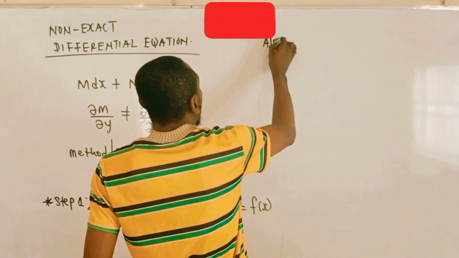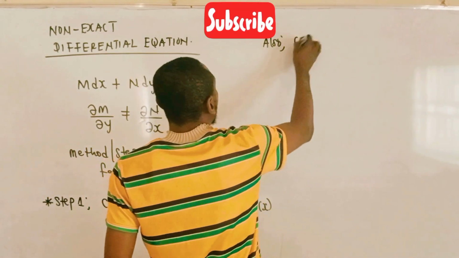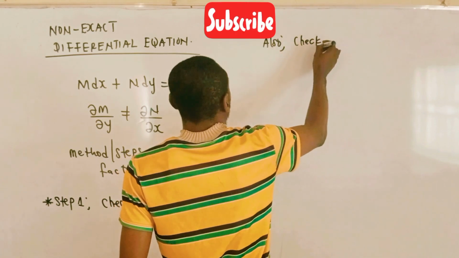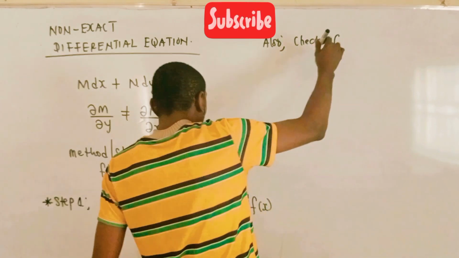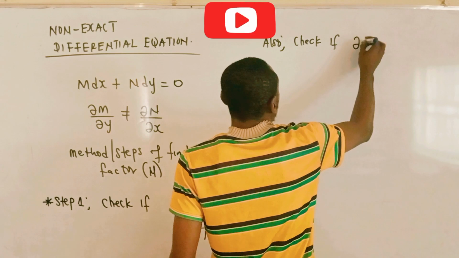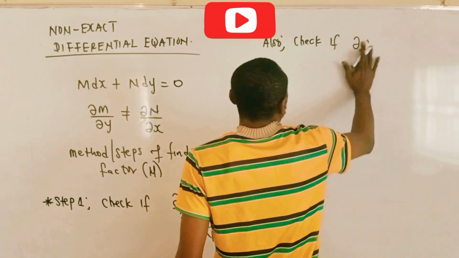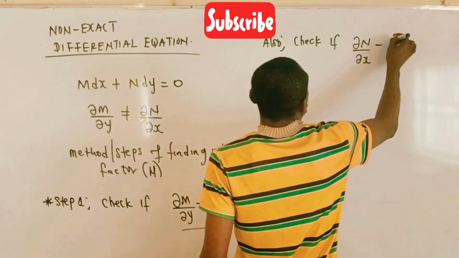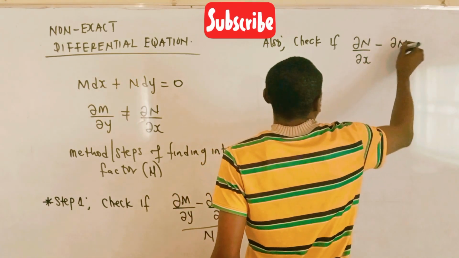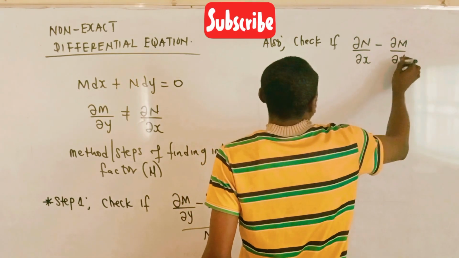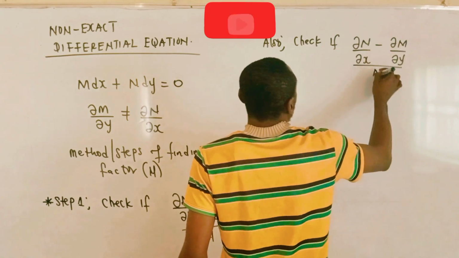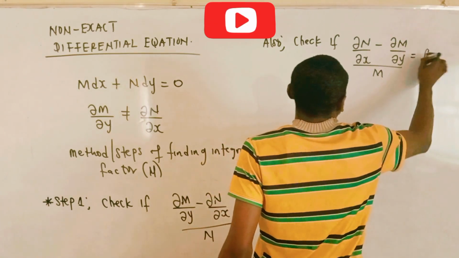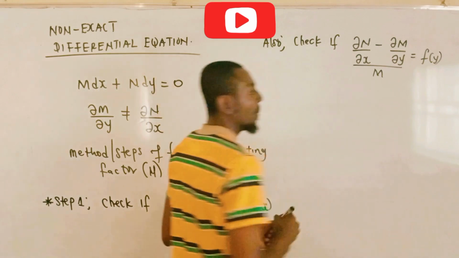Also, we can check to see if the partial differentiation of N with respect to x minus the partial differentiation of M with respect to y, all over M, is a function of y alone.